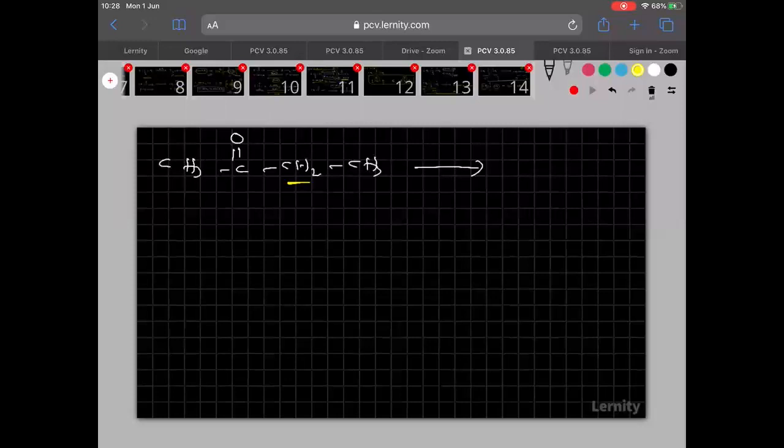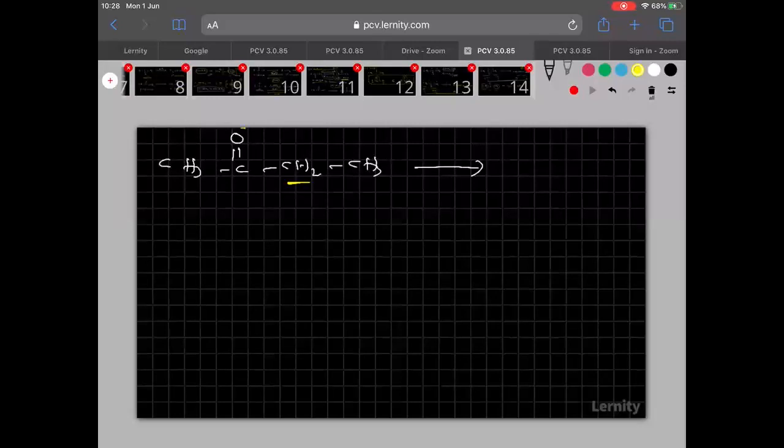So according to Popoff's rule, break the carbon-carbon bond in such a way that the carbonyl should remain attached to the smaller alkyl group.